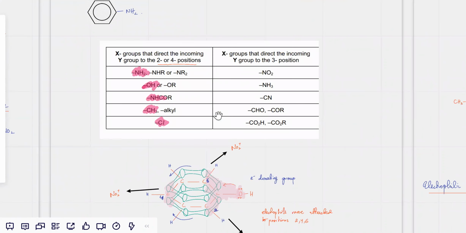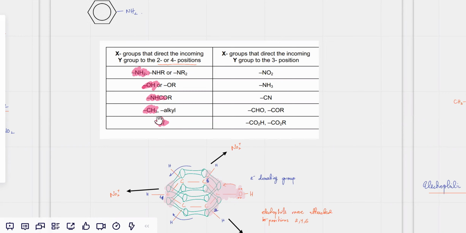The reactions of 3, 5 directing groups are slow or non-existent because they have an electron withdrawing tendency, which is why the electron density on the benzene decreases and the reaction doesn't really happen. And with electron donating groups, the electron density actually increases, which is why the reactions are a bit faster.